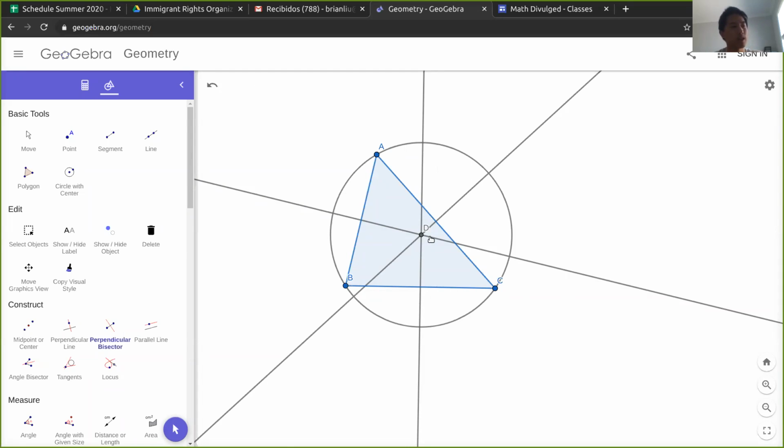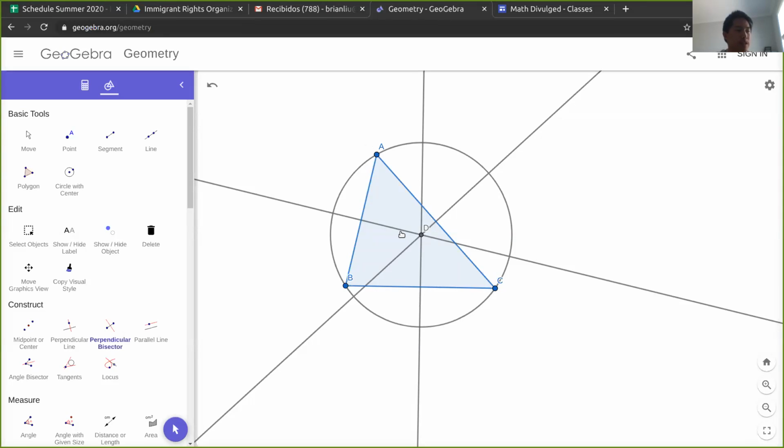Okay, so now we know that any three points has a circumcenter, and now we want to see what properties four points have.